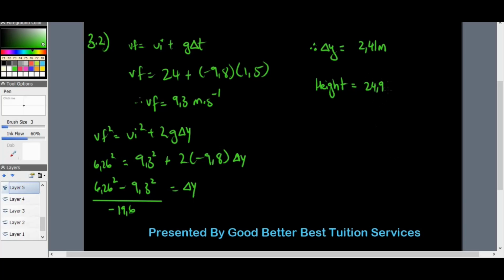So that's 24,98 plus 2,41, and therefore that gives us a final answer. Height of the tree is equal to 27,39 meters. With that answer, we wrap up question 3 for vertical projectile motion.